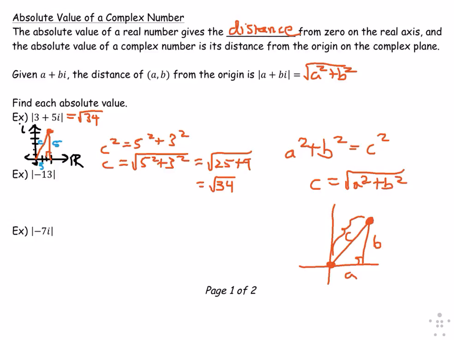Looking at the next example, I could rewrite this so that it is in the complex number form where the b is just 0. And then when you substitute it into the formula, you'll kind of see that really I'm going to get back just 13, because 0 squared isn't going to produce anything significant.